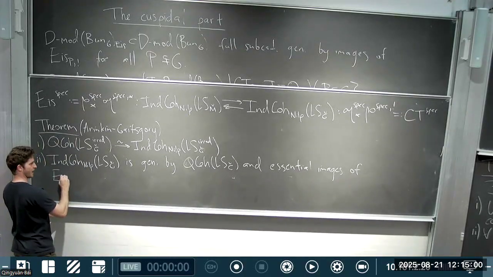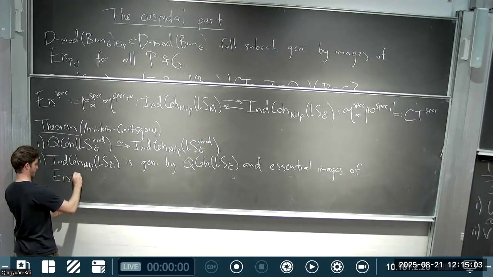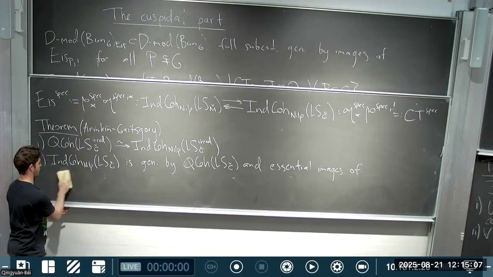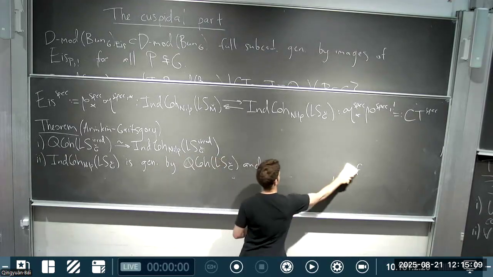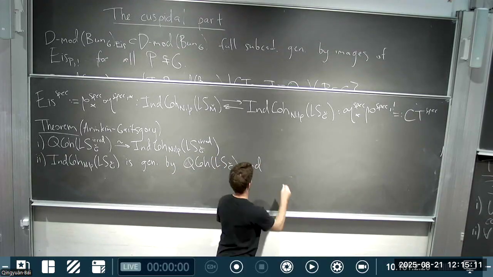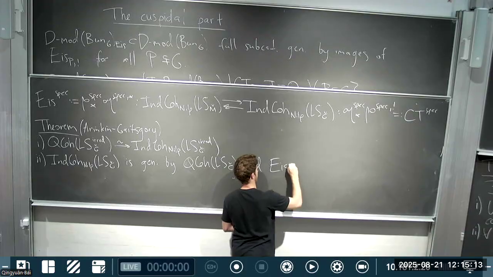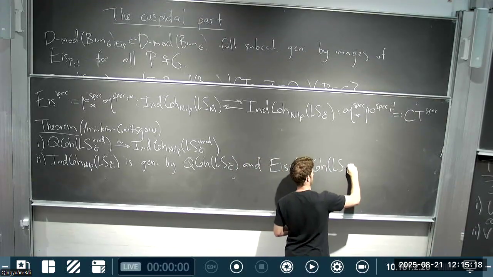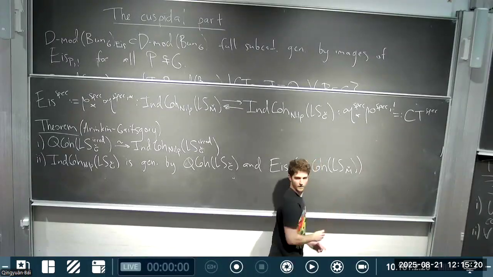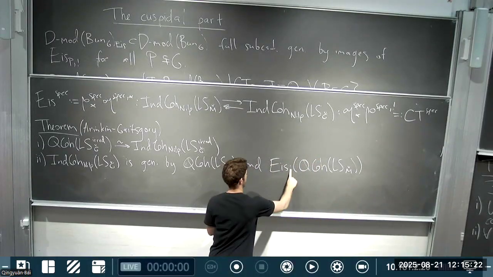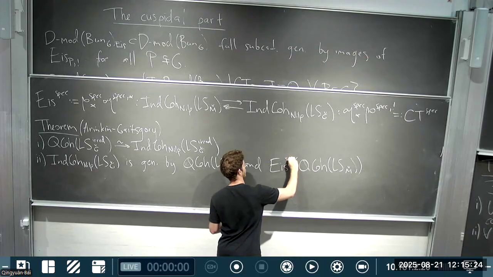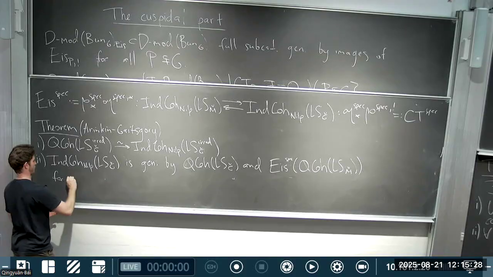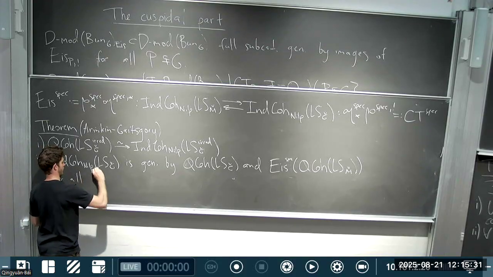Specifically, the essential image is inside QCoh. I meant the spectral, yeah, of course. Thank you. For all proper parabolics.